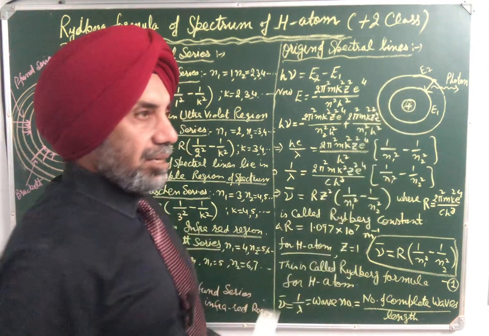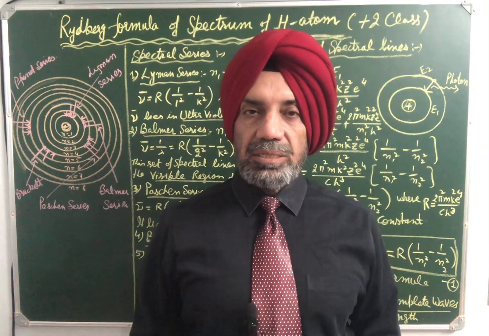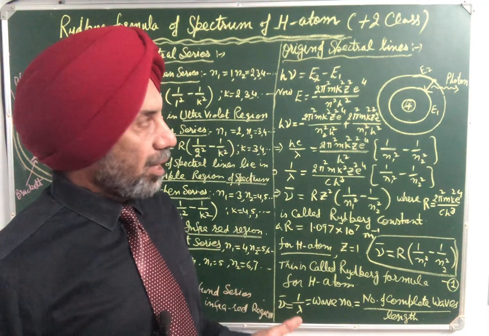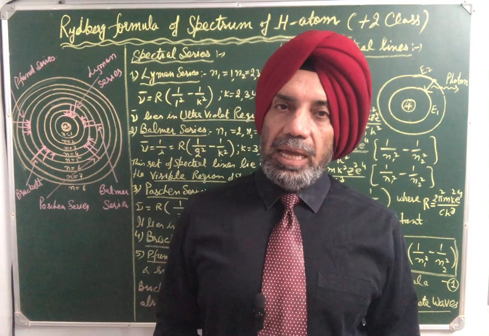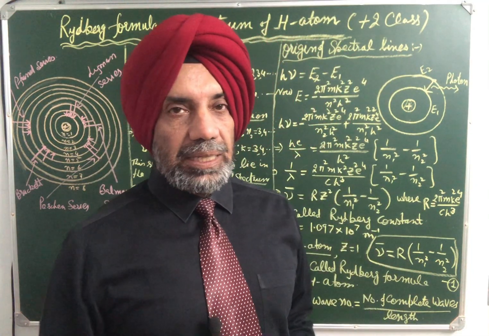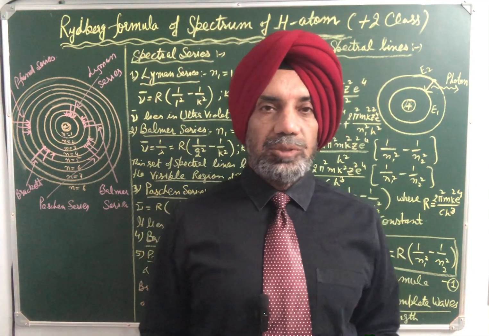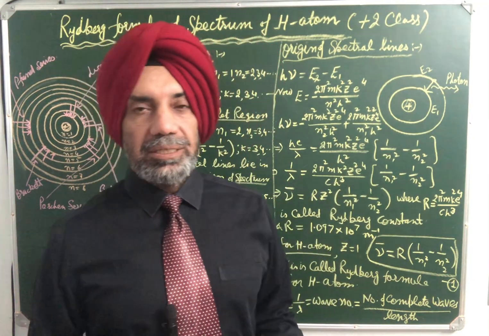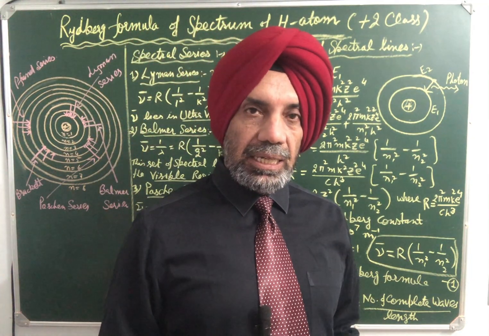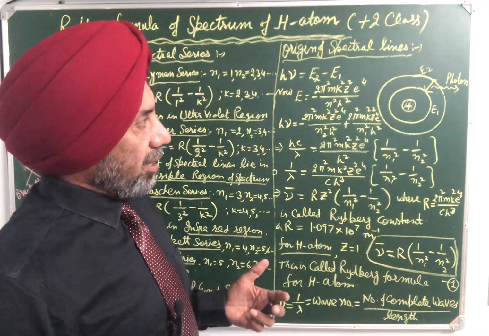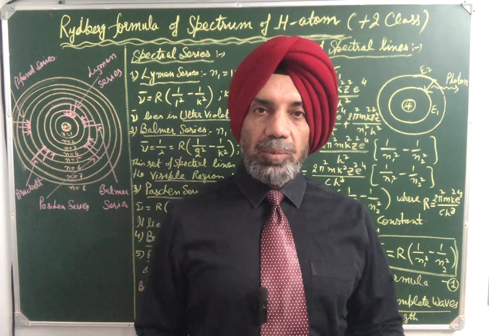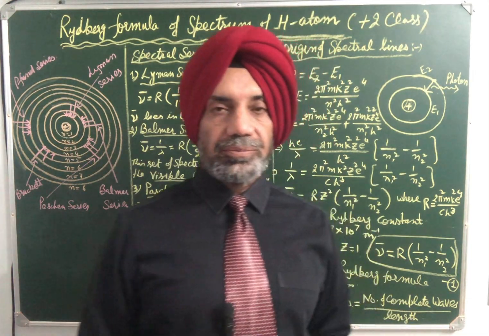Now an H atom at room temperature is normally in the ground state, but when an H atom or any other atom gains some energy due to collisions of electrons or due to heat, a rise of temperature, then it has sufficient energy to jump an electron from a lower energy state to a higher energy state.